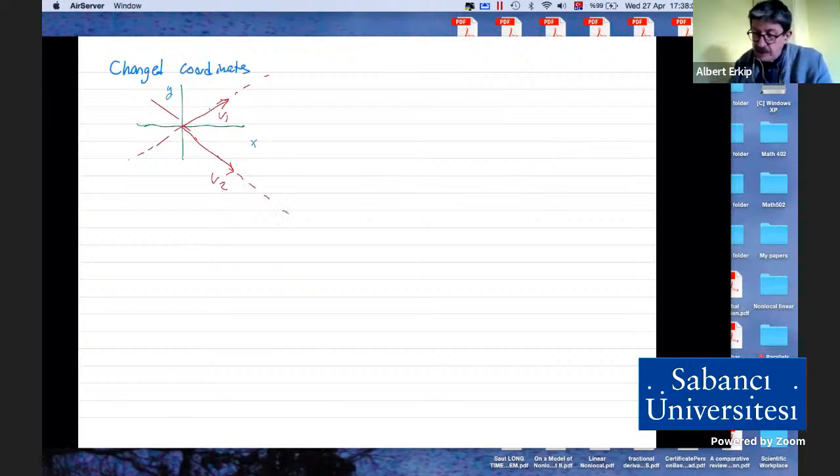Okay, and I have two solutions. Call these new axes, say, x bar and y bar. This is just a kind of linear change of variables. It's included in linear algebra. And I will get dx bar/dt equals lambda 1 x bar, dy bar/dt equals lambda 2 y bar, because Av1 is lambda 1 v1, etc. So in this direction, it's lambda 1.